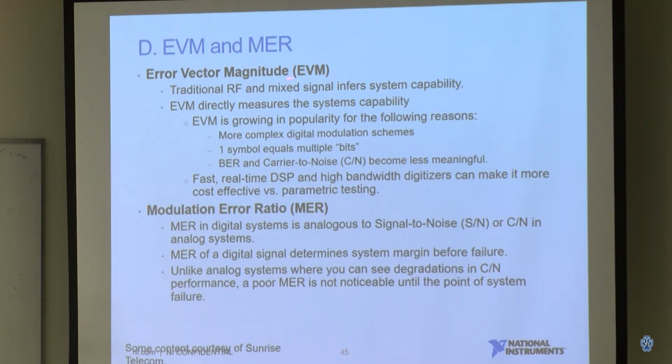This is the number you're going to expect, showing how good your signal is in modulation. Another term is MER, modulation error ratio. This one is more like a signal to noise ratio. It mostly tells you how strong the signal you're measuring is.